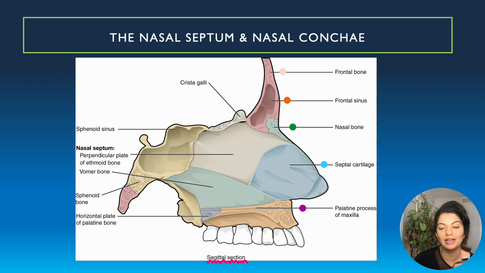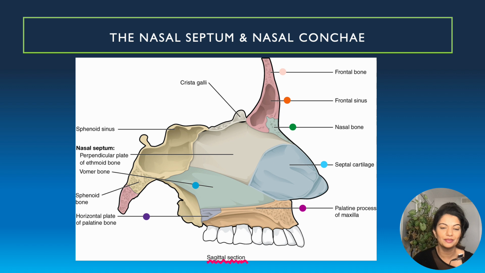Then, of course, you've got the palatine process of the maxilla in this picture, which is also an important feature. The horizontal plate of the palatine bone is what you see next. And then I'm sure you've guessed the vomer bone, which is directly under the nasal perpendicular plate, right?